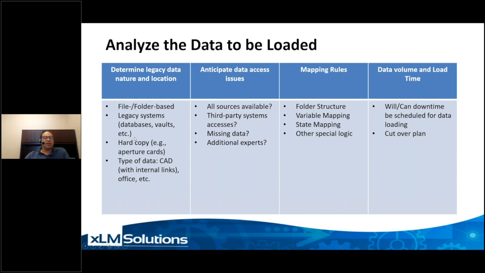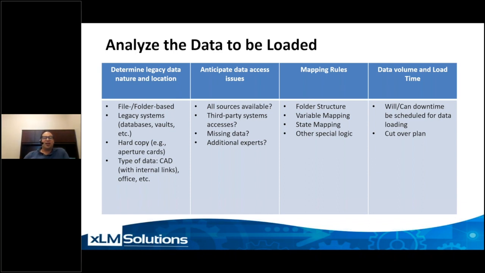So we need to really understand what we're dealing with and what we need to load, and then understand whether we have access to that data or the expertise to get the data. If it's in a third-party system, do we have the knowledge to get the data out of that system? Do we need to work with an external partner that has the specialties within those systems to get the data out for us?